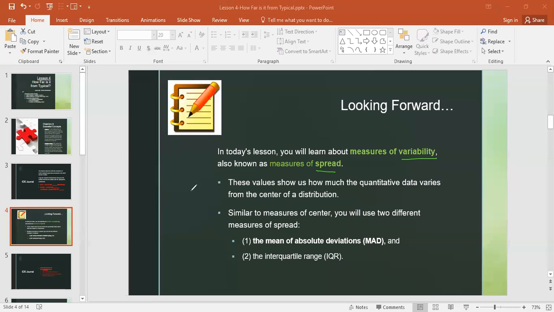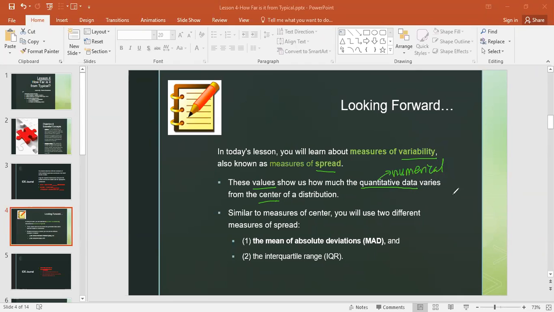These values show us how much quantitative data, and quantitative is just another word for numerical, varies from the center of a distribution.